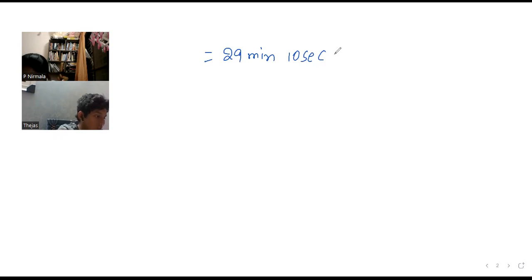What you understood? Tell me. They gave us mass and then, here two substances are there, metal and water. Understanding? So heat is liberated by the metal and heat is absorbed by the water. Two cases are there here.